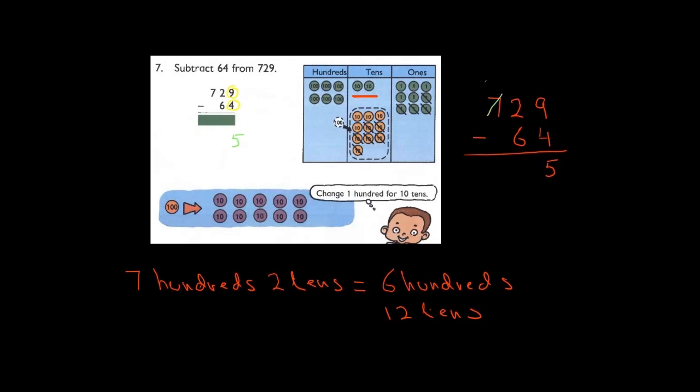We're going to reinterpret 700s and 2 tens as 600s and 12 tens, and then you get your answer, which is 12 minus 6 is 6, because if you have 12 tens and you eat away 6 tens, we're going to be left with 6 tens. And if you don't do anything to your hundreds, the 600s are going to stay as is.